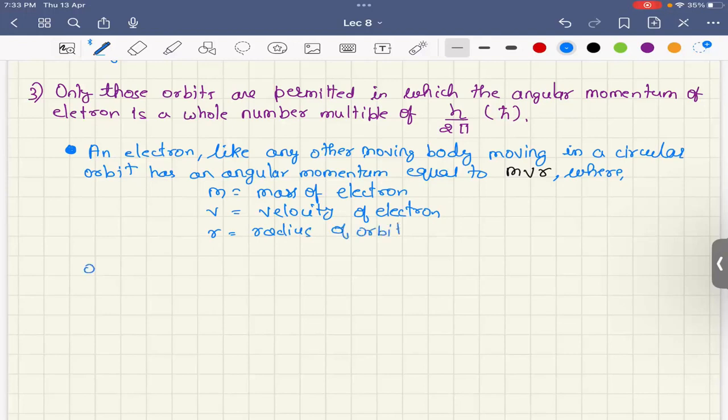So as per this postulate, we should have this mvr equal to n times, where n is a whole number, multiplied by h by 2 pi.